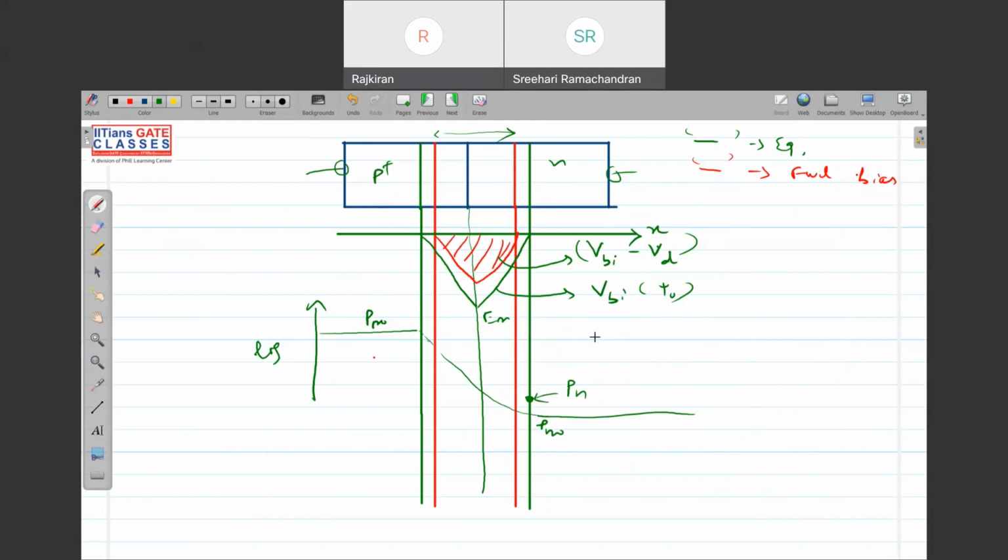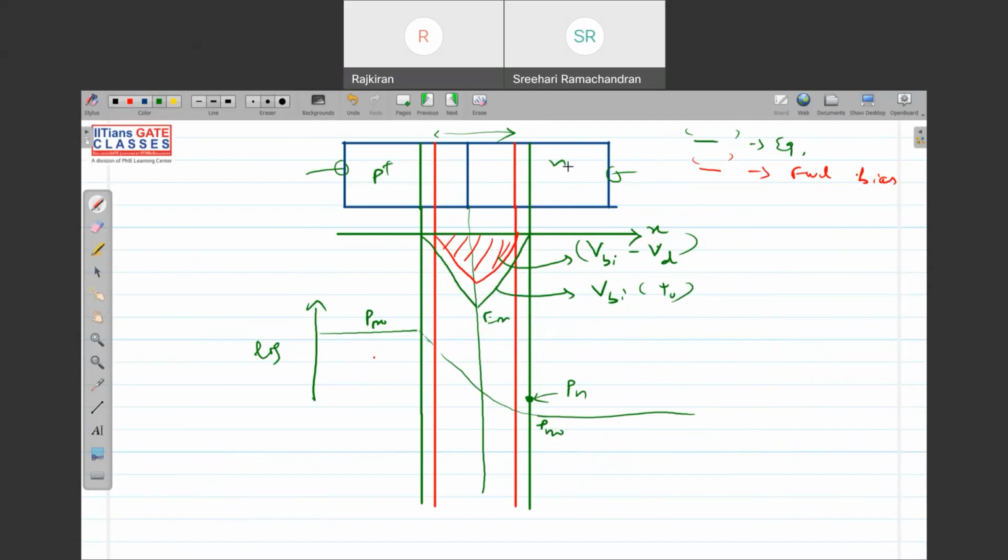Understand or not? Sir, could you explain that once more? See, earlier I had PN0. PN0 is the minority carrier concentration at equilibrium in the N side.